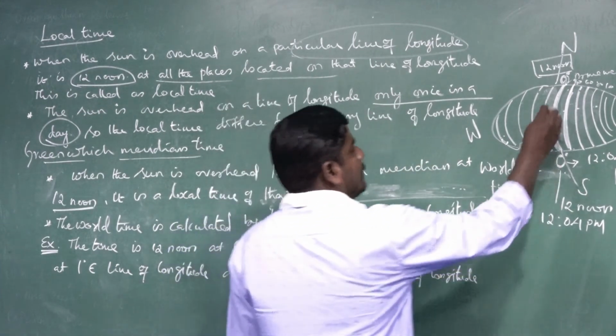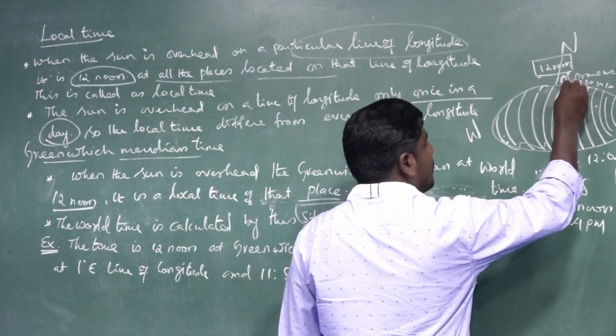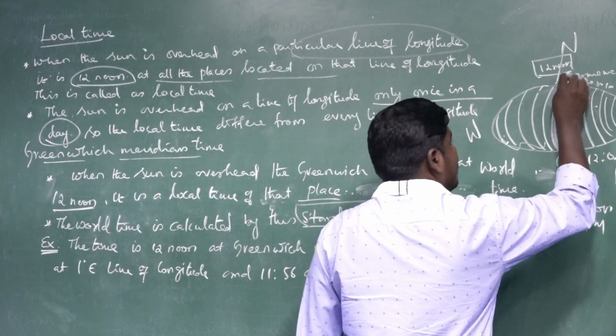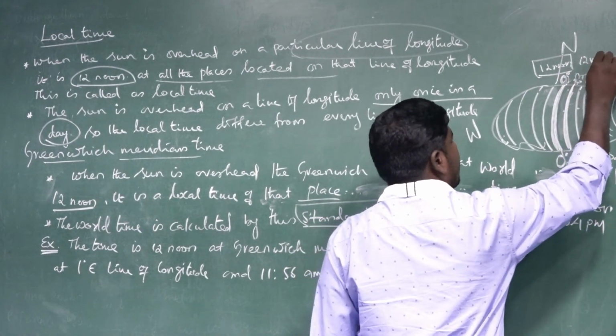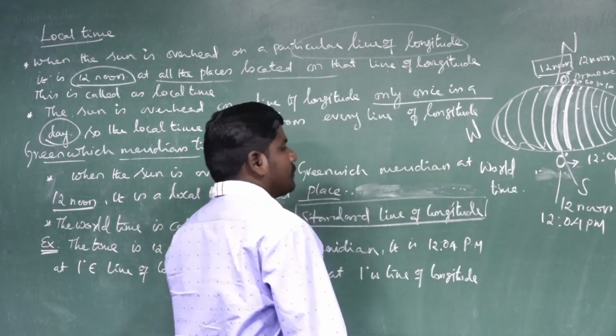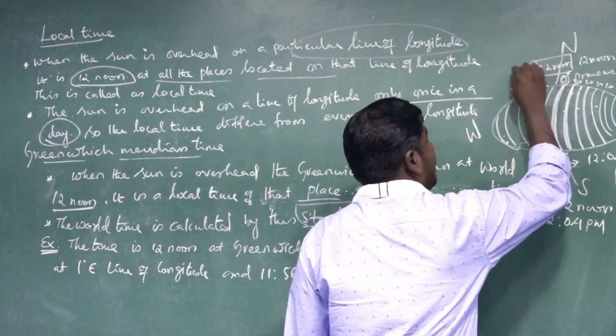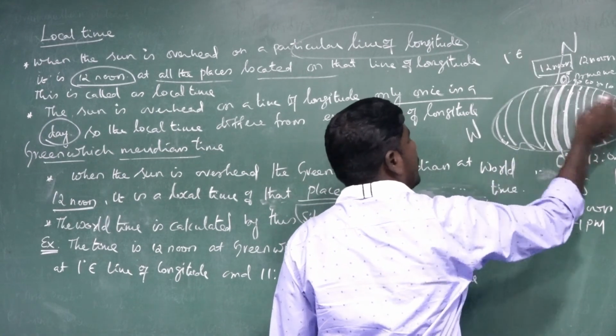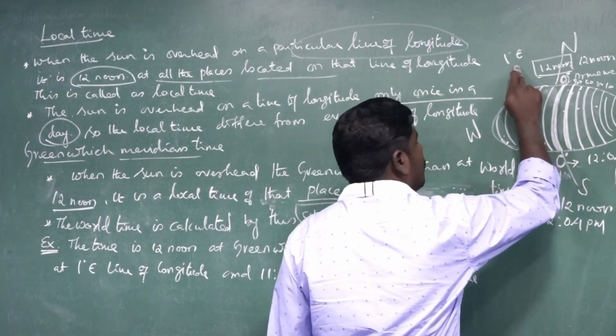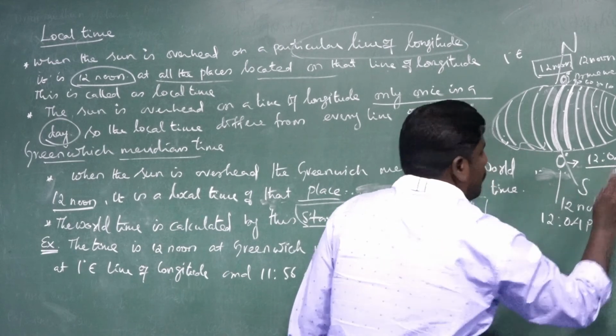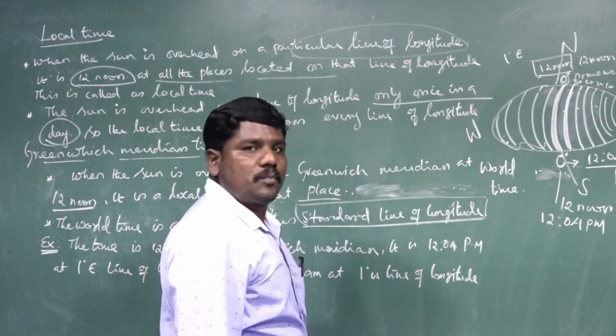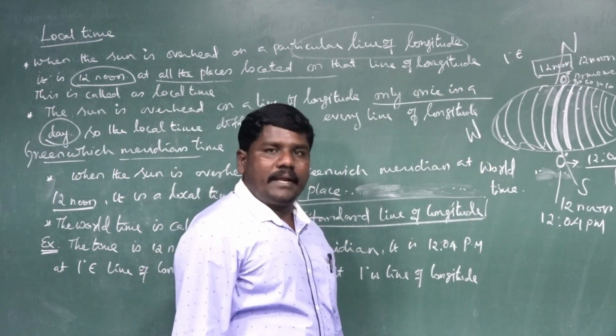So on the Greenwich meridian line it is 12 noon. At the same time, at 1 degree east line of longitude it is 12.04 PM, and PM means post meridian.